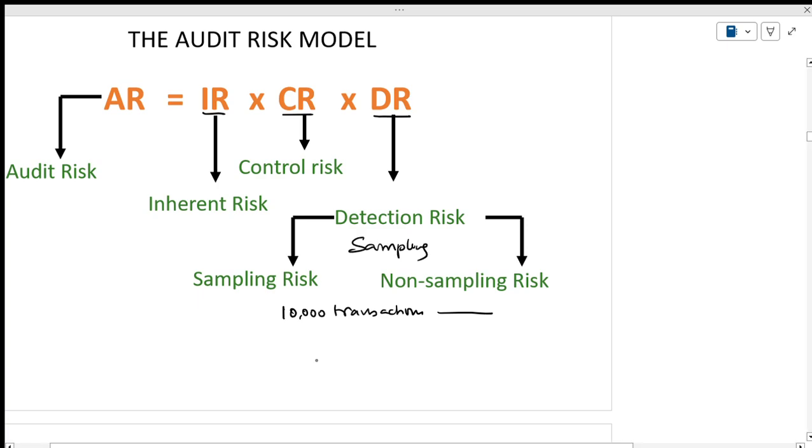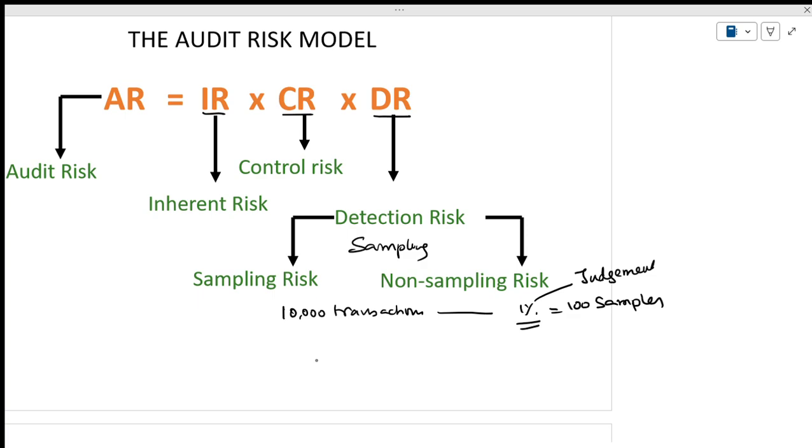If you take 1% of that, you will get 100 samples. This is very important. This is nothing but the judgment of the auditor. How many samples do we have to take?